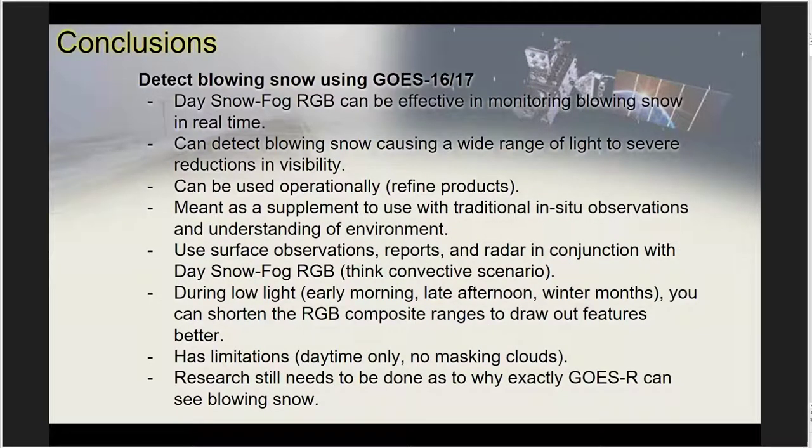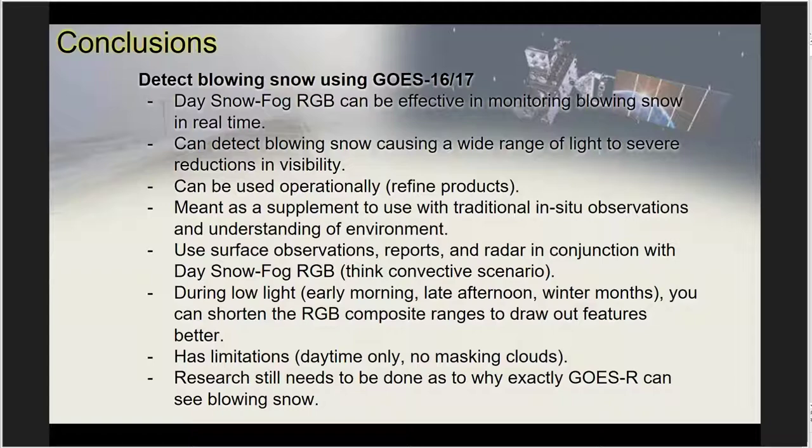So just wrapping it up, here are some conclusions. Again, you're able to effectively monitor blowing snow in real time and easily see blowing snow using the day snow fog RGB. You can detect this wide range of light reductions in visibility under these blowing snow signatures, and it can be used operationally to refine products and messaging.